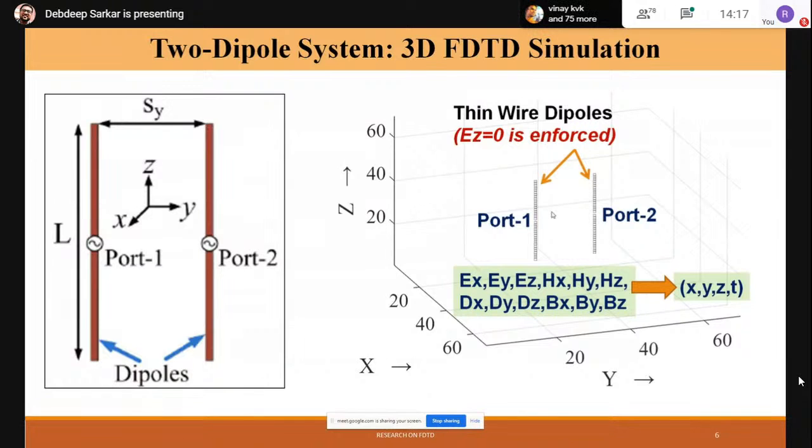But now for this 3D FDTD simulation of two dipoles, the way we do it is we enforce a boundary condition. Since I am modeling the z-directed dipole, I'll enforce that Ez will be 0 at the necessary locations. This will actually represent a thin wire kind of system, thin wire dipoles.